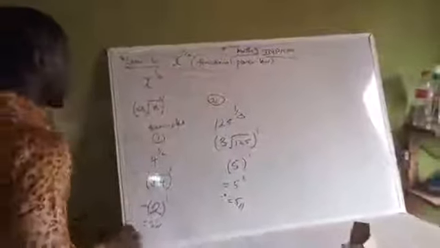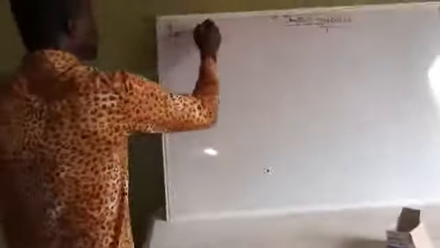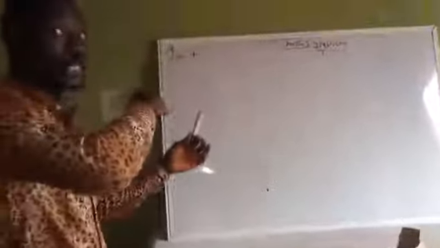Now I want to move further by talking of the law 7 of these indices. For the law 7, we are talking of something also similar to the law 6.